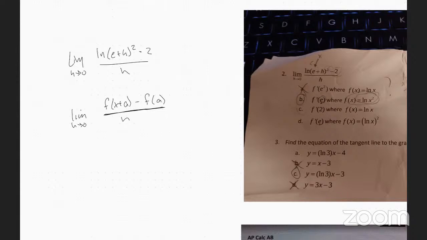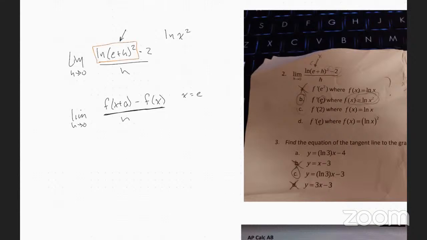This is f of x, but this is when x equals e. You can see that the function is the natural log of something squared. That is kind of like your function right there if you got rid of the plus h part.